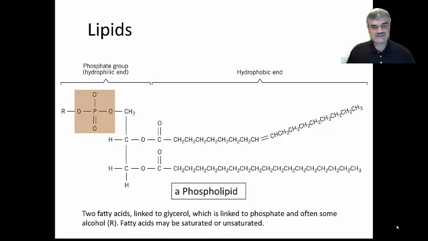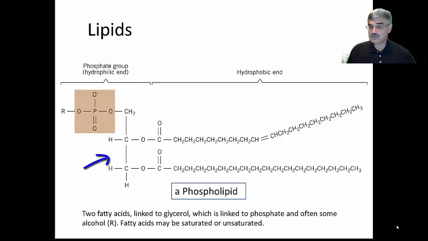And in fact, phospholipids are very common in our bodies, and as we'll see in the next slide, they're important in forming membranes. So, to review again, a phospholipid usually contains 2 fatty acids, whether they're saturated or unsaturated. We just show one of each just to show you the variety.